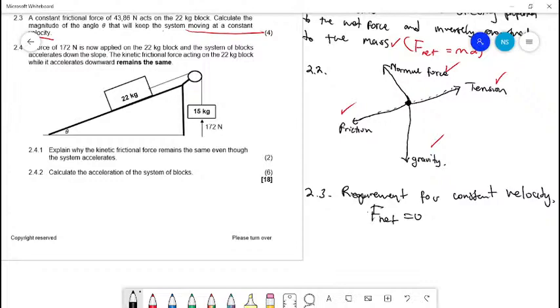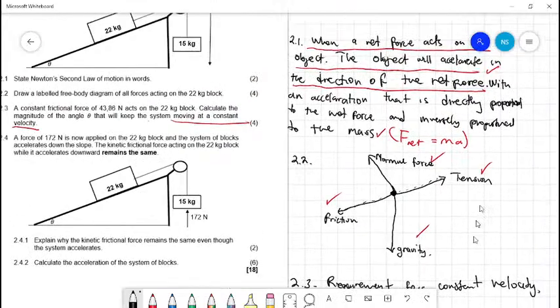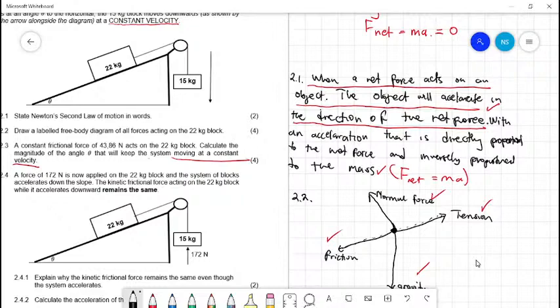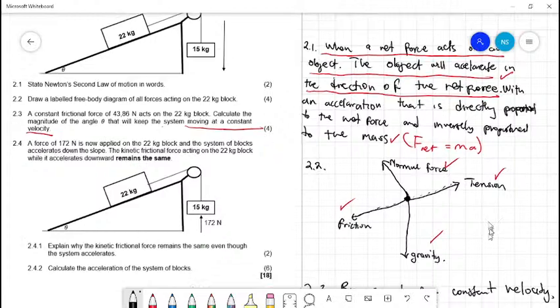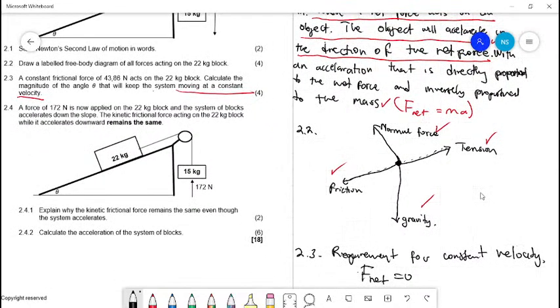The 22 kg and the 15 kg need to be moving at a constant velocity. So what we're going to do now, we're going to use our F net equals to 0 to get something that will give us a 0.